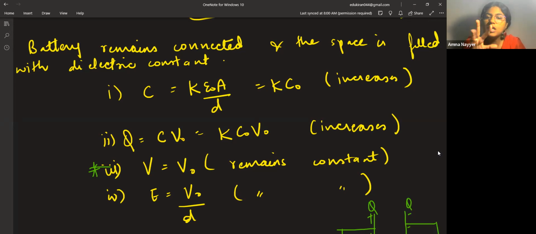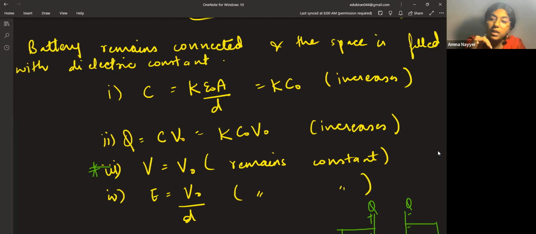All right, now charge is CV. Remember, potential will remain same when the battery is connected and charge will remain the same when battery is disconnected. Disconnected we'll see later. First, let us focus on connected. So battery is connected, charge is increasing, capacitance is increasing, but potential difference is remaining constant.